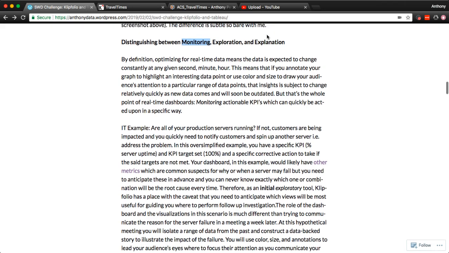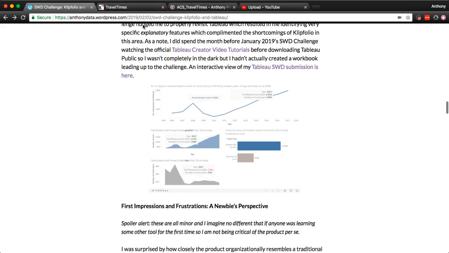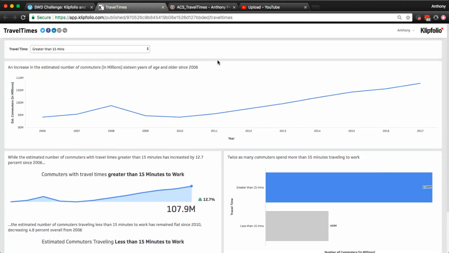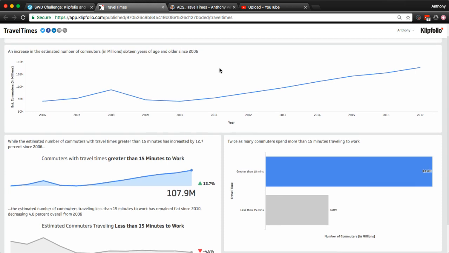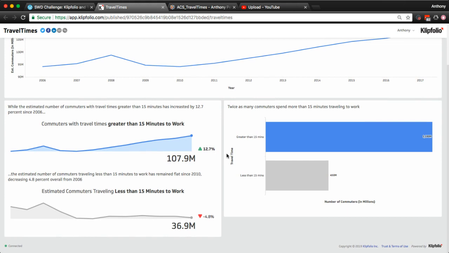And I'm going to mention a few very specific observations to drive that point home. But very quickly, I wanted to show you what I was able to produce in Klipfolio. Again, this is the tool that I am most comfortable with. And contrary to what I just said, that Klipfolio is best suited for relatively real-time monitoring of very particular metrics, I've used it in a way where you are able to construct some sort of a story or message.